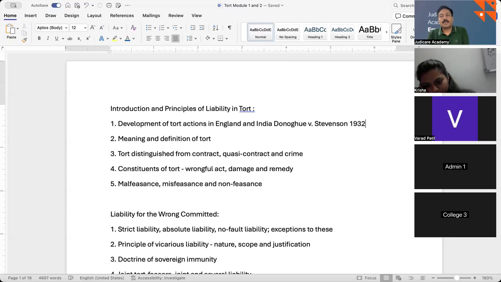So if unnecessary restraint or unnecessary hurt is done, which causes the death of a person or brings the suspect to the hospital, in all those cases, this is a case of malfeasance.